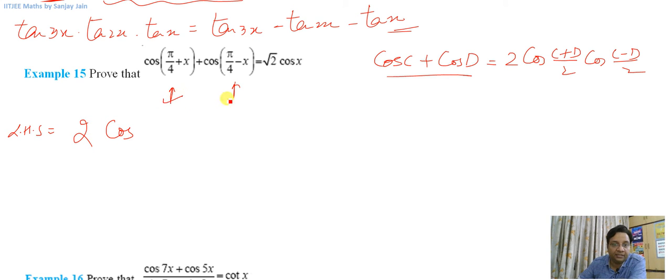When I add this and this, x will get cancelled, and pi by 4 plus pi by 4 will become 2 pi by 4, that is pi by 2, right? I have written this much part by now. Now I'll write cos of (C minus D) by 2. So cos (C minus D). Now when I subtract these, pi by 4 will get cancelled, and x minus minus x will give me 2x here.